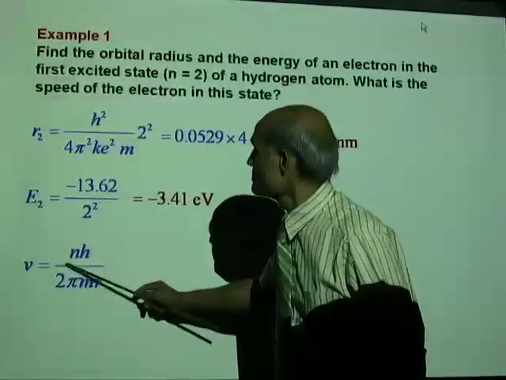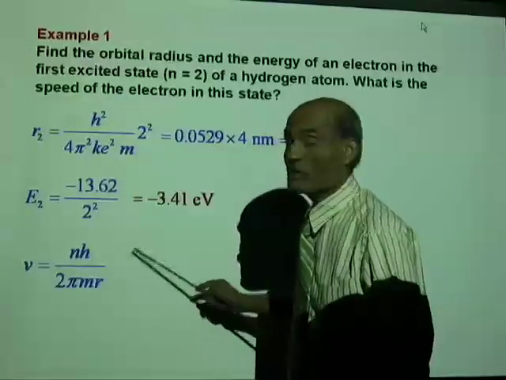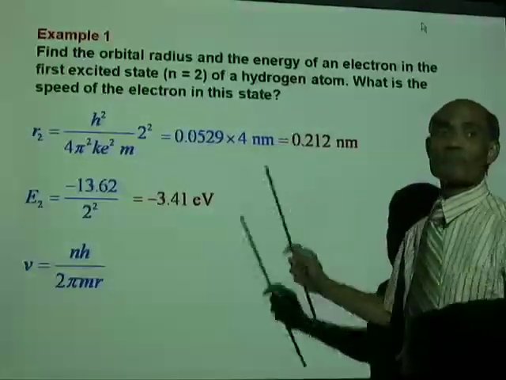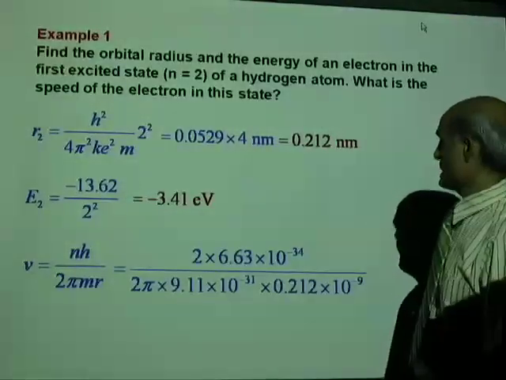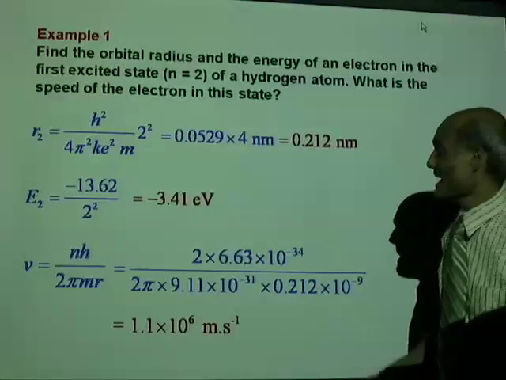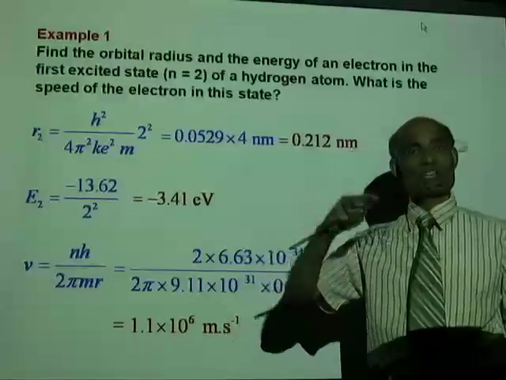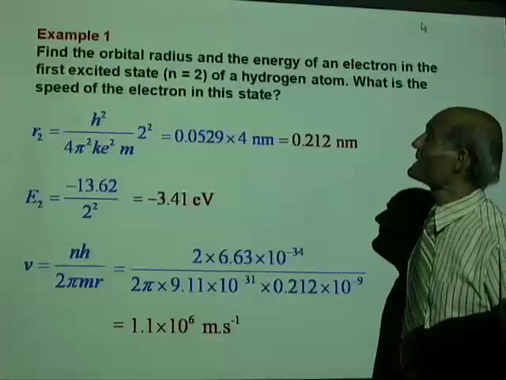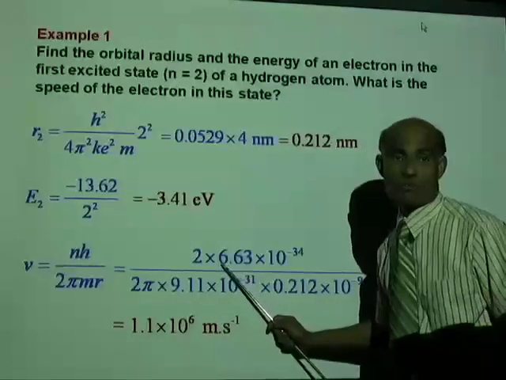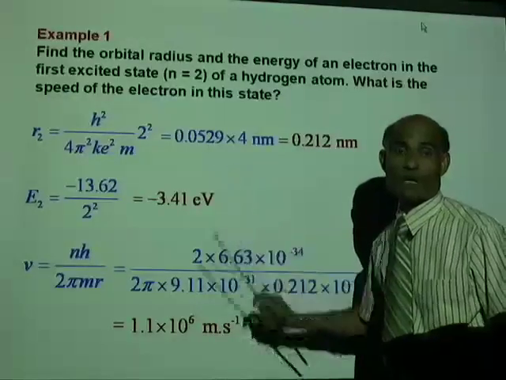What we need to do now is put in all these values where r is this value, and that will give you 1.1 times 10 to the power 6 meter per second as the electron speed in the second orbit. But you need to do this all on your own. Don't just depend on me. Very often I make mistakes and you need to point them out to me.